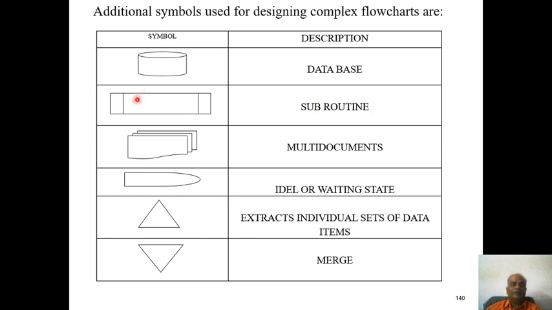Next, subroutine, multiple documents, idle or waiting state, extracting individual sets of data items, and merging values each have their own symbols. I will provide a document for this. Just remember all of these.